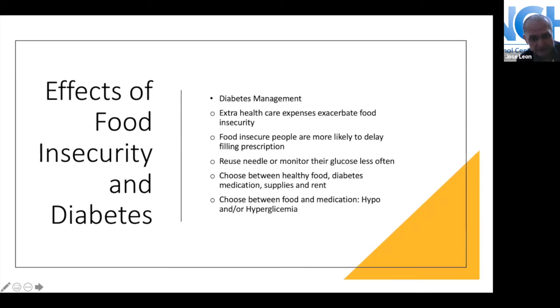If patients need to choose, for instance, between medications, supplies, and rent, sometimes patients either do not have access to their medications, or cannot get the food that they need, because low-income populations, again, are usually either underemployed or unemployed.